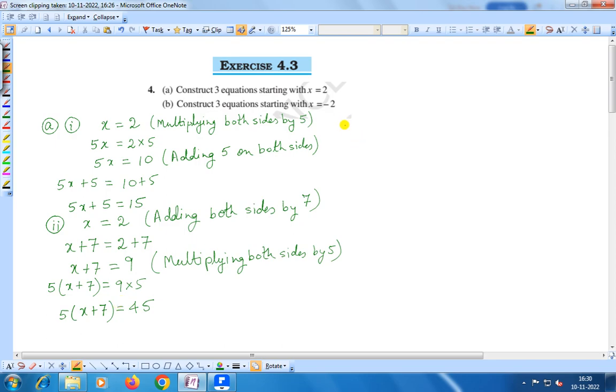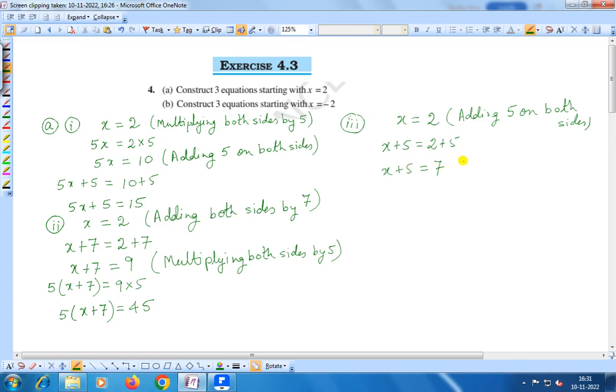Now equation number 3, we construct another equation, that is x is equal to 2. First adding 5 on both sides, that is x plus 5 is equal to 2 plus 5, that is x plus 5 is equal to 7.